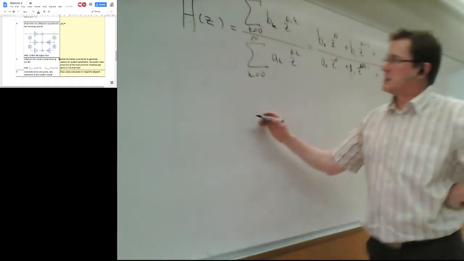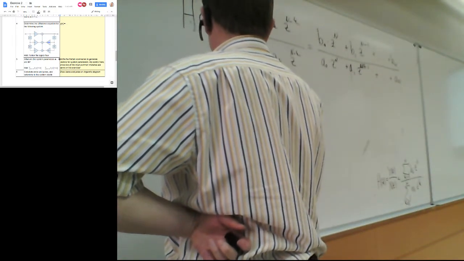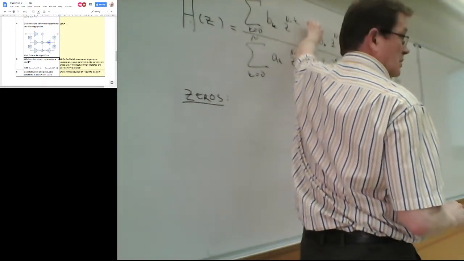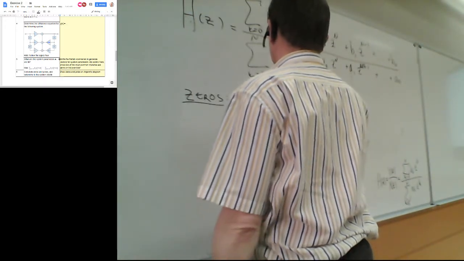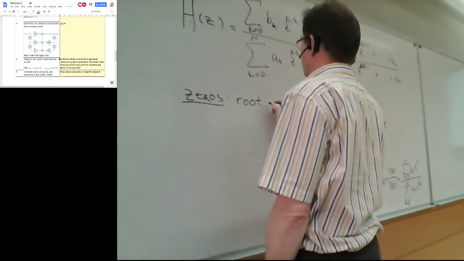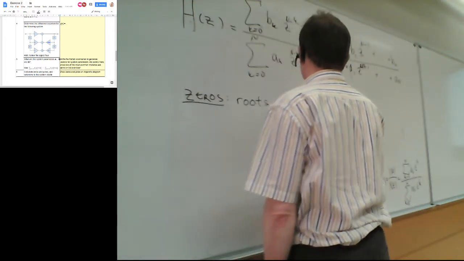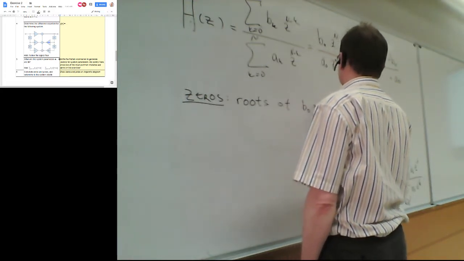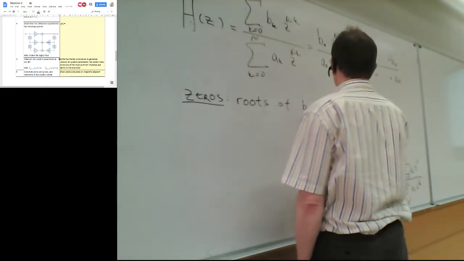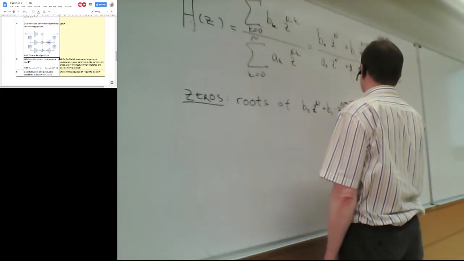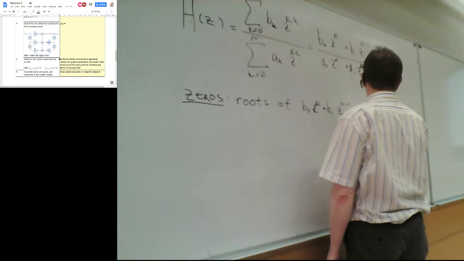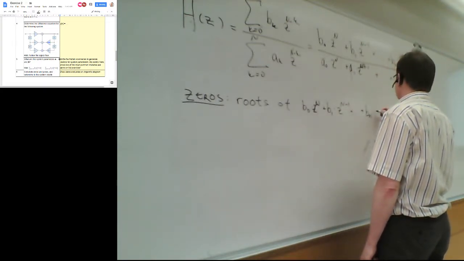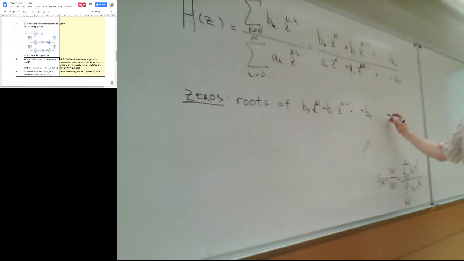So the zeros of the system are the same as the roots of this polynomial. And that actually has how many roots?